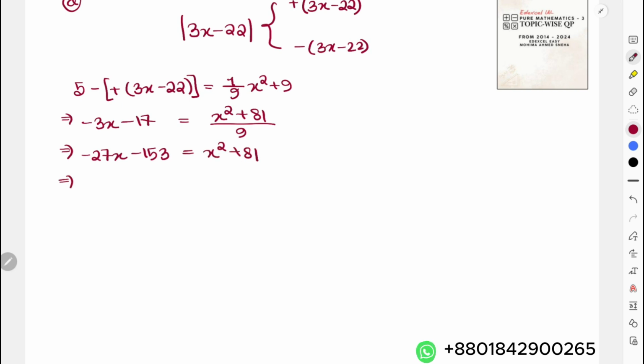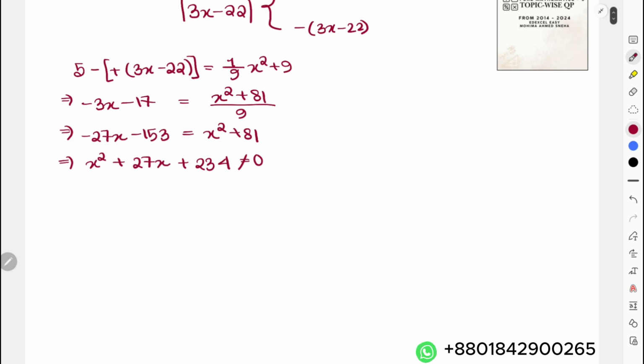So if you take all of this to the right hand side, you get x square plus 27x and 81 plus 153, that is 234. And then by the way, this is a math error situation here. This one doesn't give you any solution, so I won't get any solution from here.